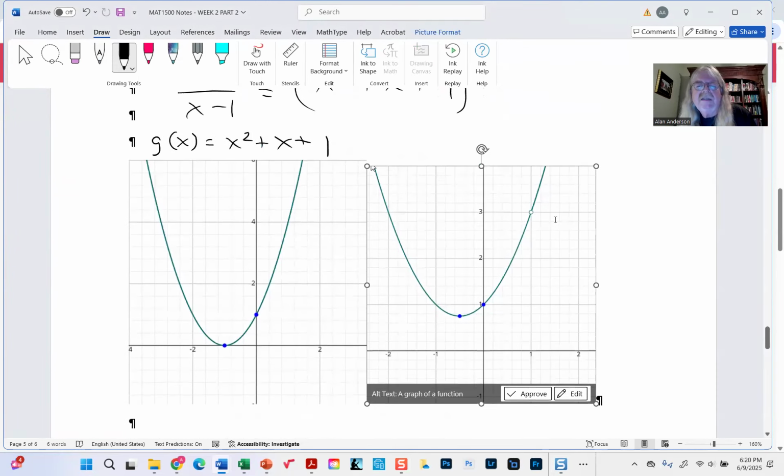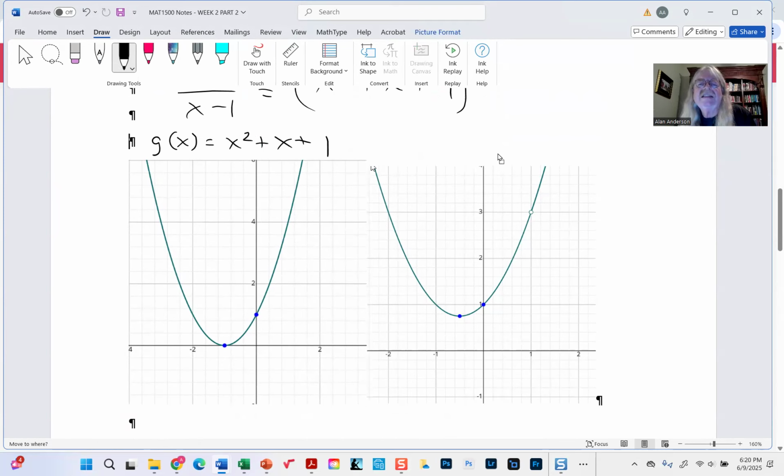There, yes, and you can actually see them side by side, although they're not scaled perfectly.